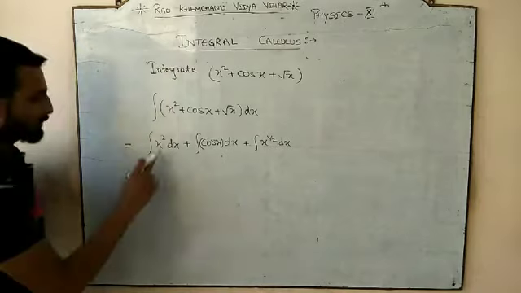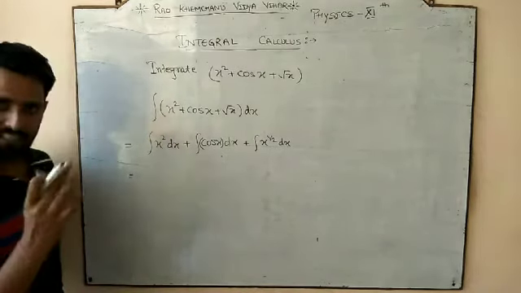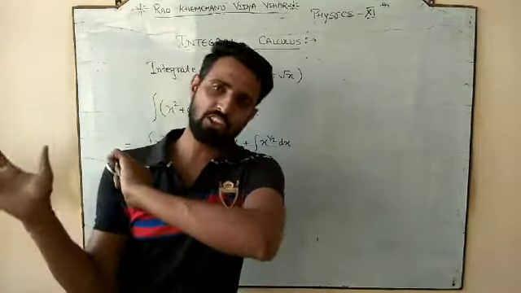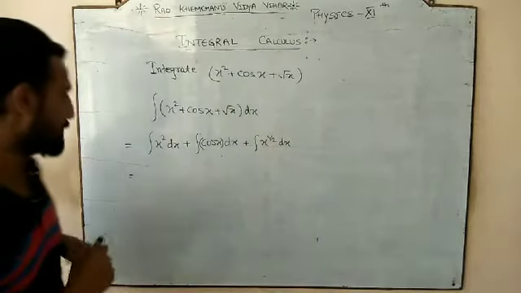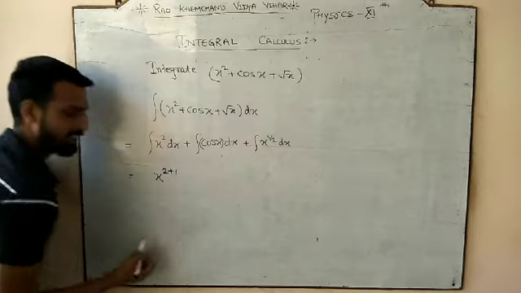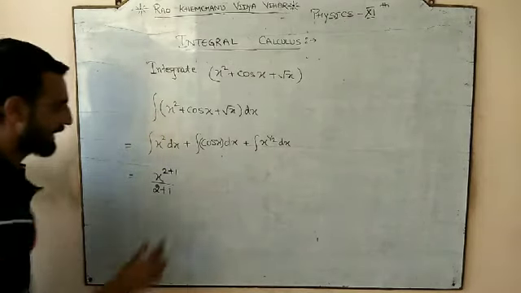Now, x power something, so we are going to apply the rule of power. But remember beta, there are 2 rules. एक power का rule differentiation का है और एक integration का. So please do not get confused between them. So the x power n rule is x power n plus 1 divided by n plus 1. Done?